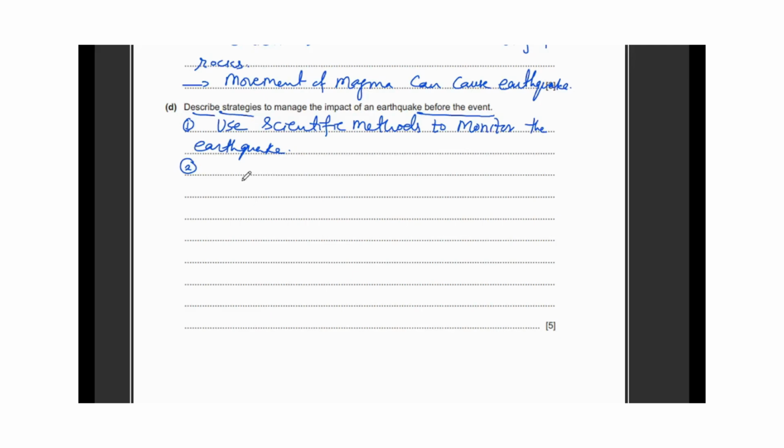Now, study the past earthquake area, right? Past earthquake area, because sometimes what happened, no, the same place the earthquake can occur again. So study the past earthquake area and the epicenter, right? Next one, third one.